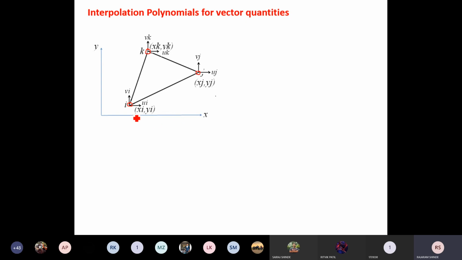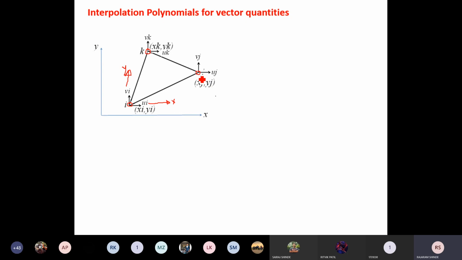Here I have written, you see here, ui is the displacement at node I in x direction. Now vi is the displacement of node I in y direction. Okay, do you agree with this? That means displacement has two components, one is x component and one is y component, because it is a vector quantity.